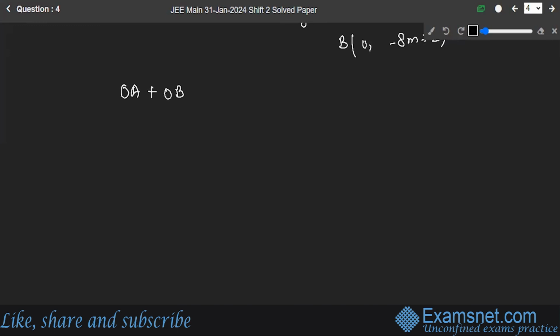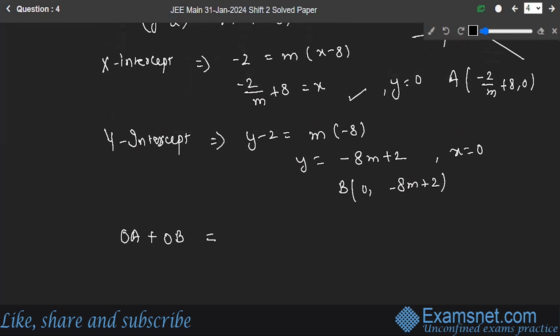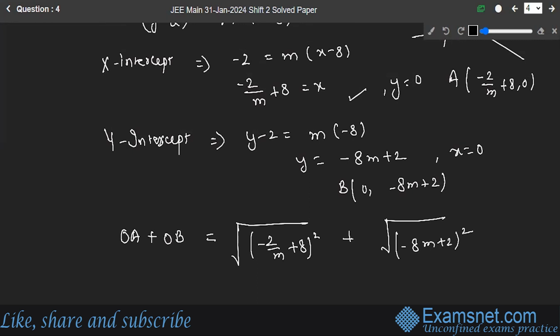Let's first of all find out OA and OB. See, O is the origin. So what will be the distance OA? Because O is the origin, I'm not writing the zeros over here.